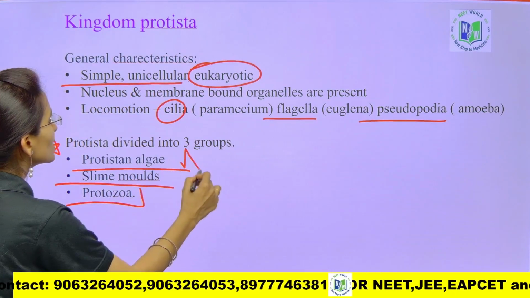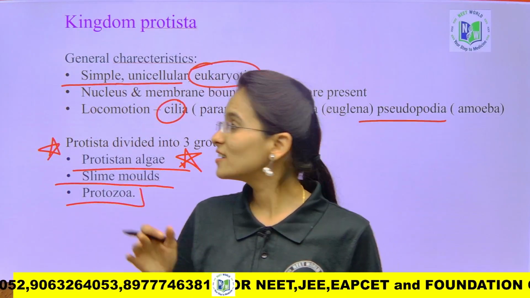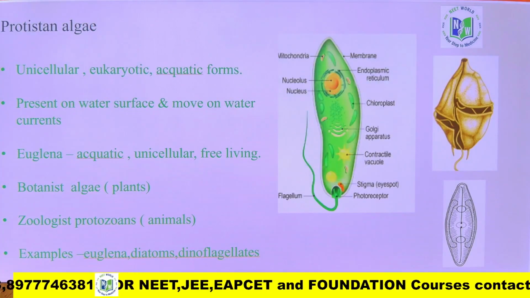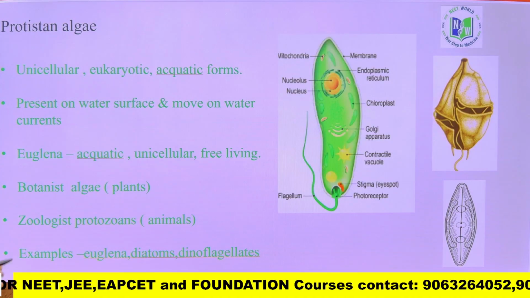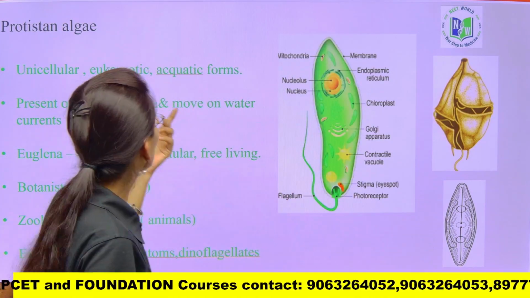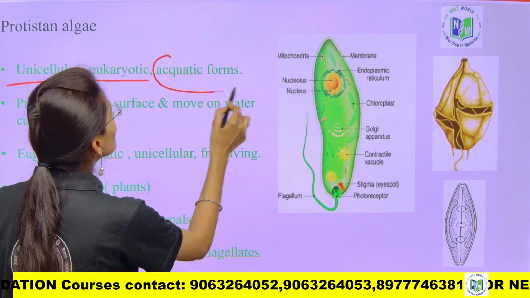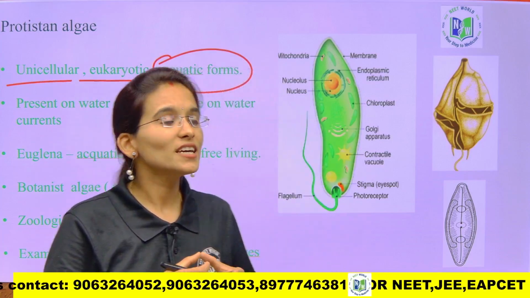Now let us discuss the main characteristic features of the protistan algae. These are unicellular and eukaryotic, and all the organisms present in the kingdom Protista are mostly aquatic.